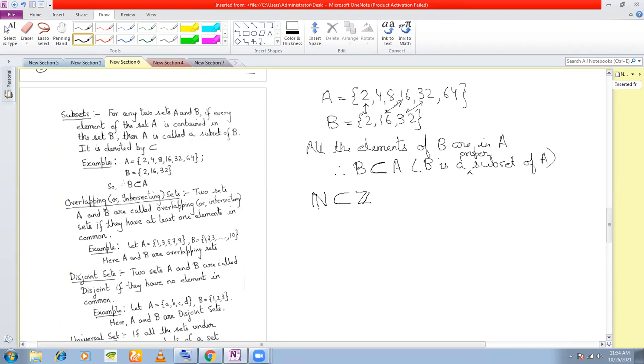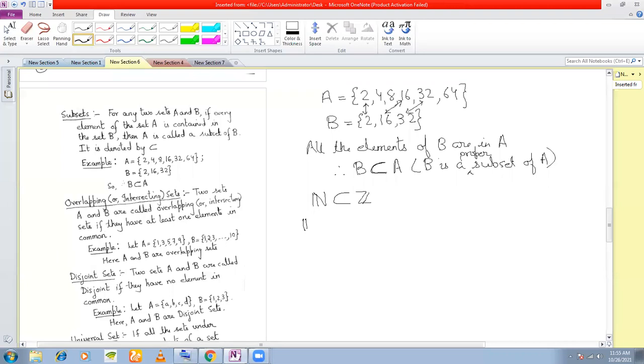Anyone? Yes, sir. Yes. Why? Because all the natural numbers are there in the integers. So all the natural numbers must be contained in the set of integers.